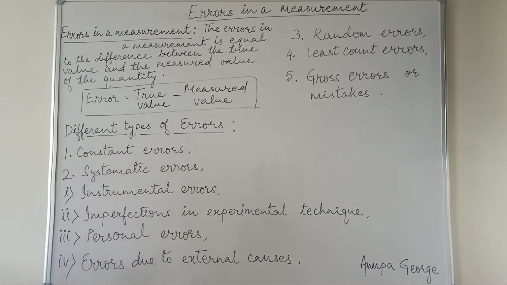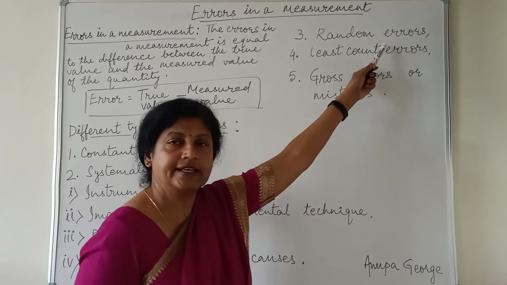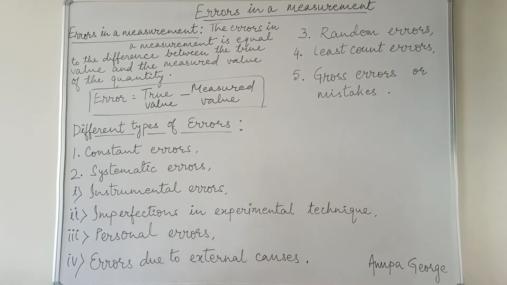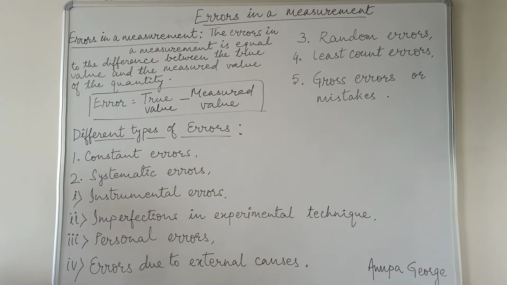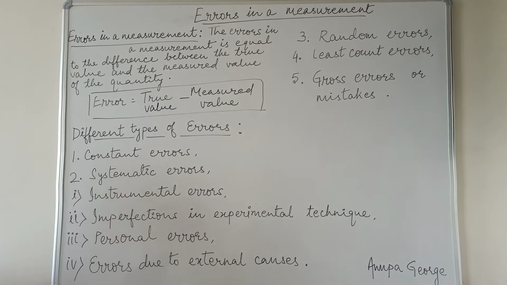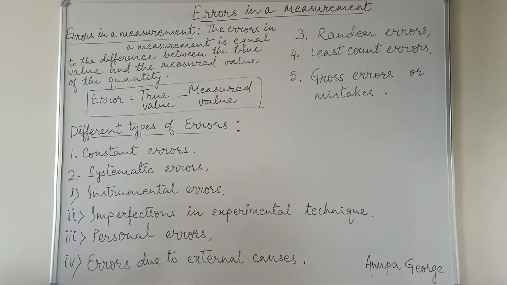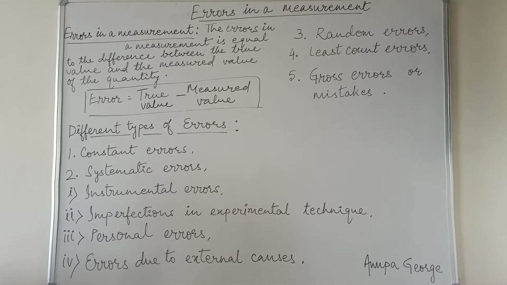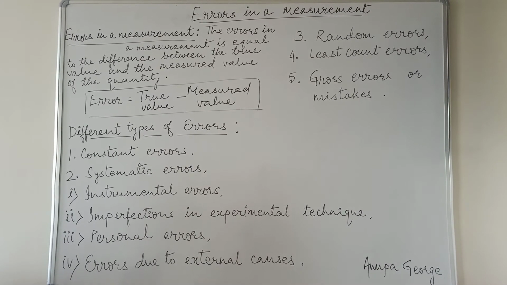Now, third type of error is random error. The errors which occur irregularly and at random in magnitude and direction are called random errors.